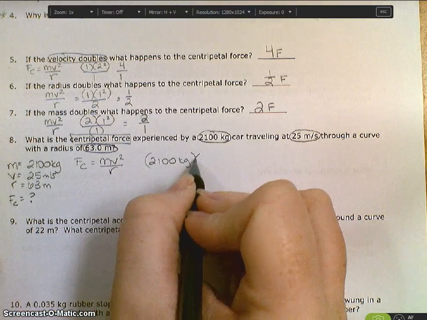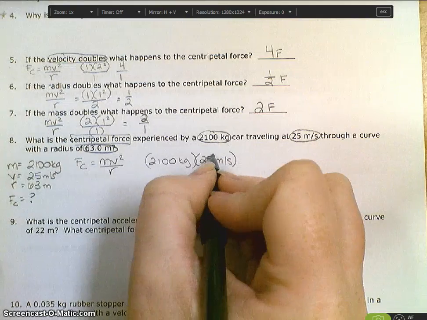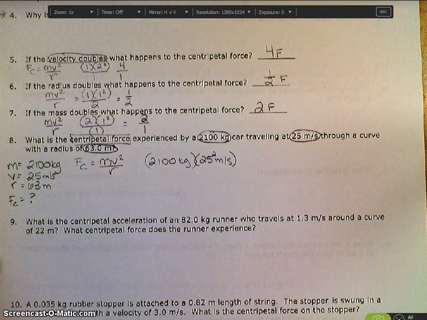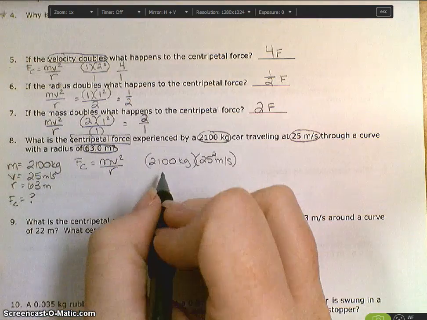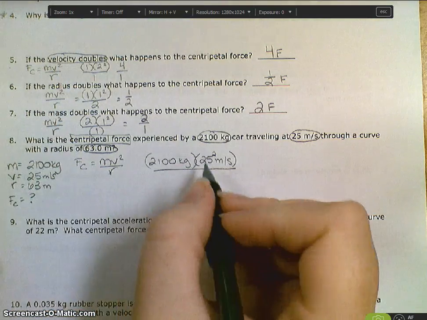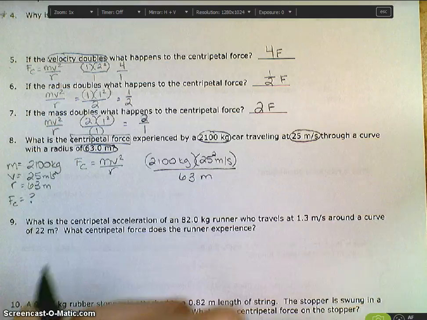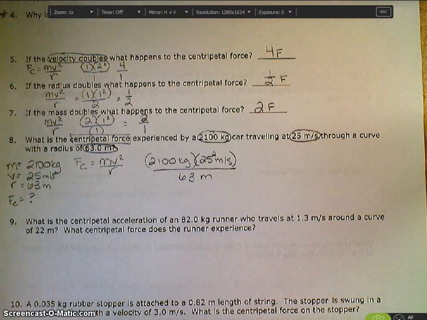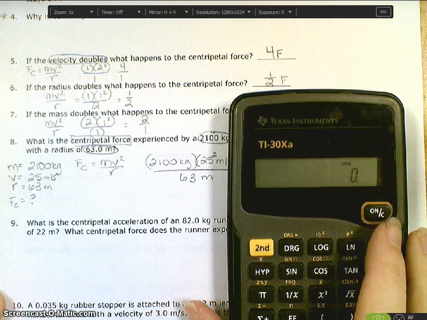They gave me a velocity of 25 meters per second. Remember, I'm only squaring the 25. You only square the velocity. All of this will be over the radius. They gave me a radius of 63 meters. Okay, next I take my calculator and I'm going to plug in those numbers.